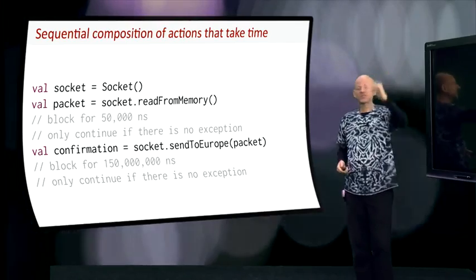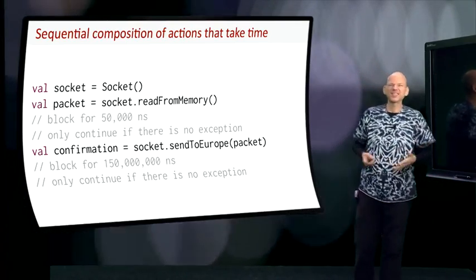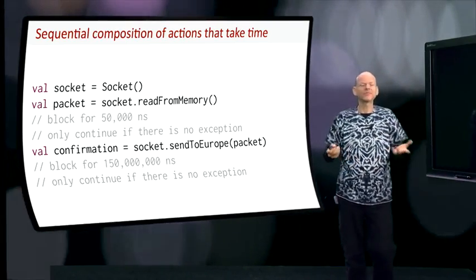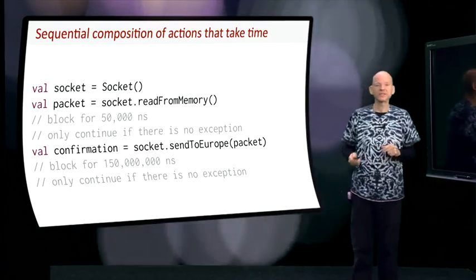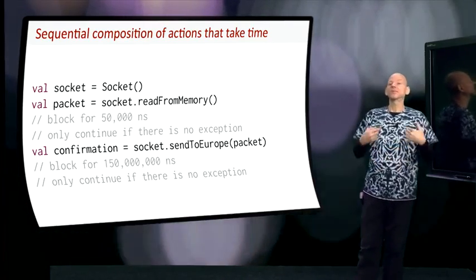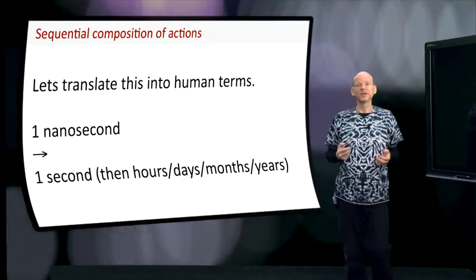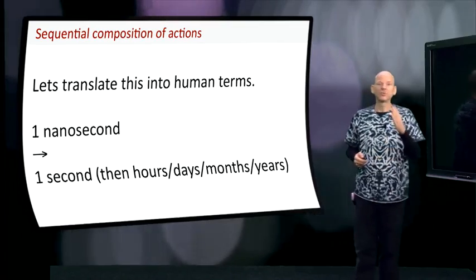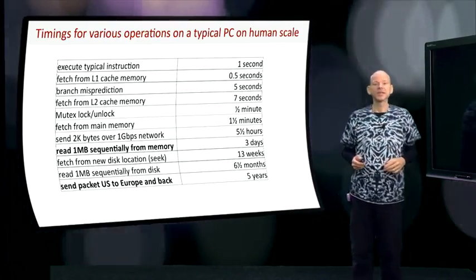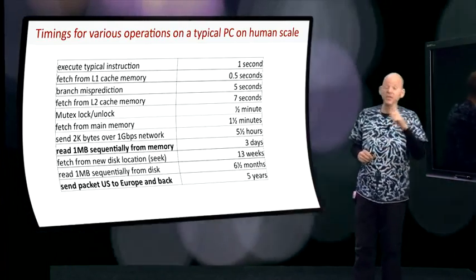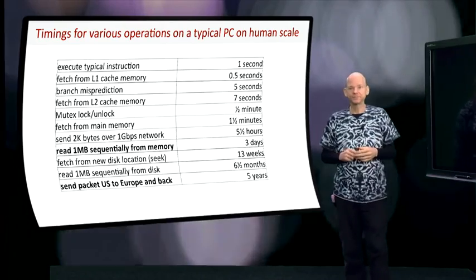All right. The table says reading from memory takes 50,000 nanoseconds. Who cares? So let's change these numbers into something that we, as humans, can understand. So 1 nanosecond becomes 1 second, and then we'll turn that into days and hours. Now we get a much better picture.